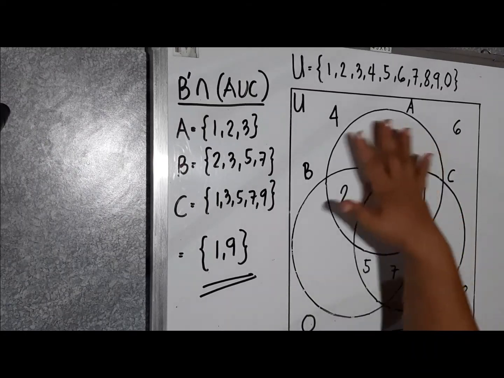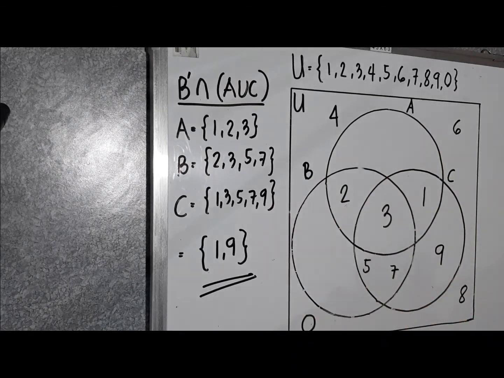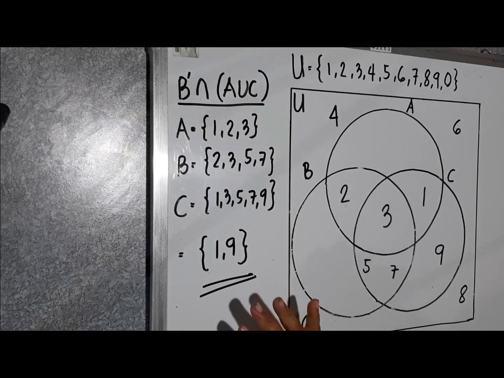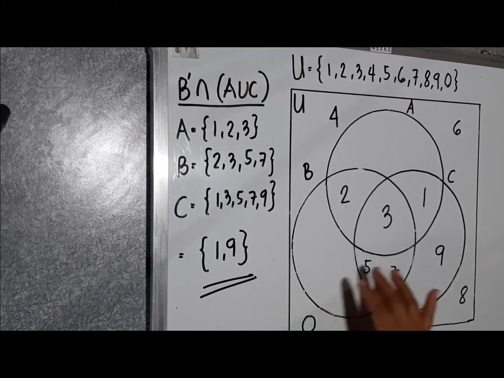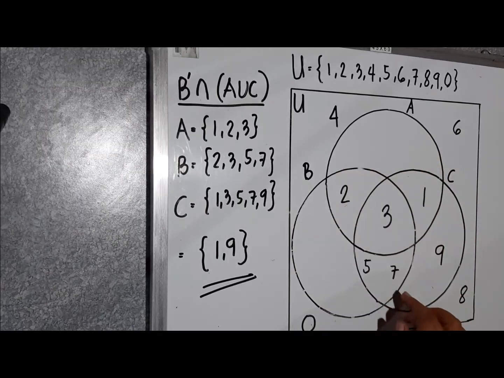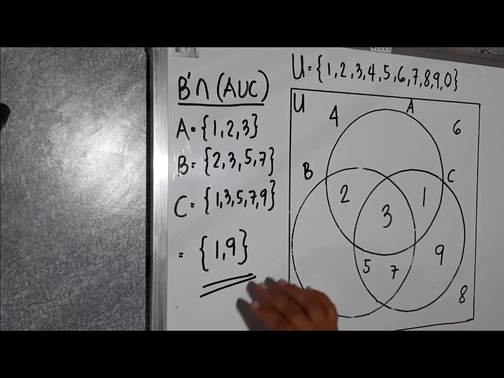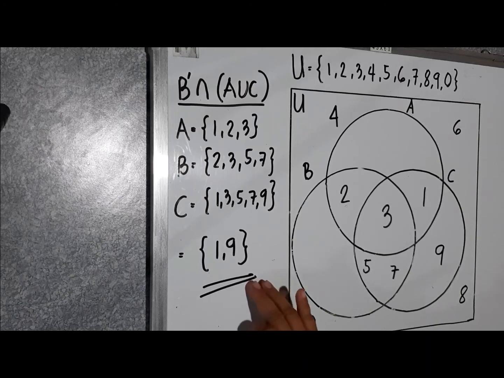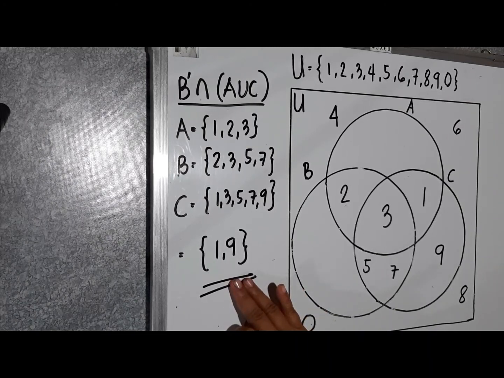If you notice, the diagram and the placement of the elements are the same with the previous one that we solved with union and intersection. As long as A, B, and C are the same given, the placement is the same. The only difference is the shaded area, because the operations are different and so are the answers.